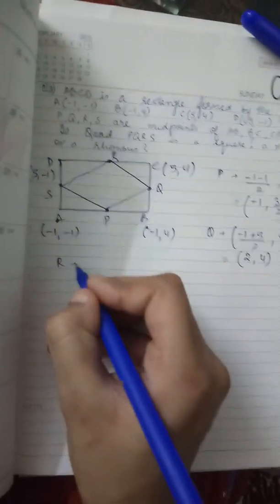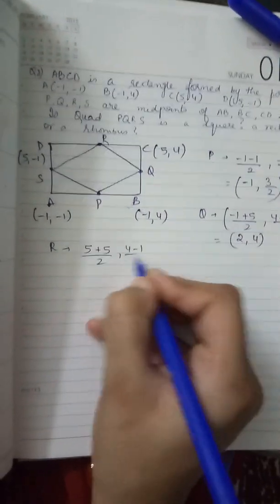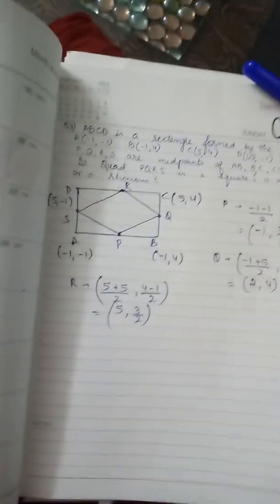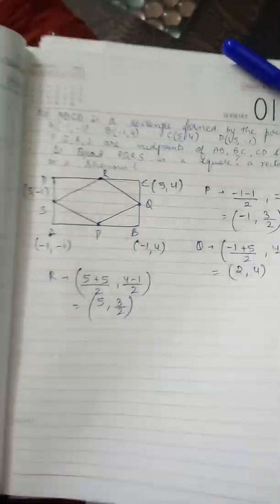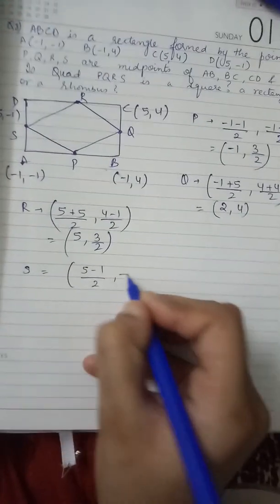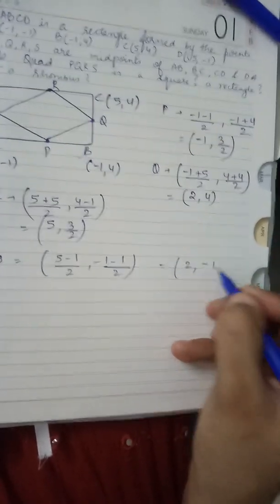Now R will be ((5 plus 5)/2, (4 minus 1)/2). 10/2 is 5 and this will be 3/2. Now we have to find the coordinates of S. The coordinates of S will be ((5 minus 1)/2, (-1 minus 1)/2), which is (4/2, -2/2) = (2, -1).